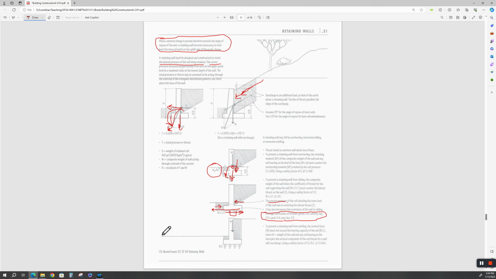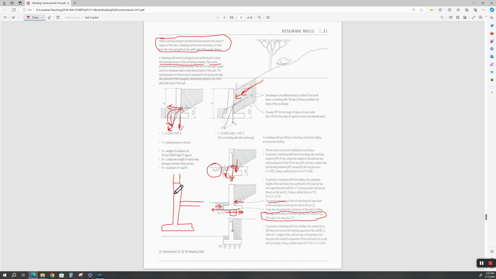In other words, what happens if you can incorporate this into your building structure? You put a little keyway up here, slab, right? And then you build your building on top of it.